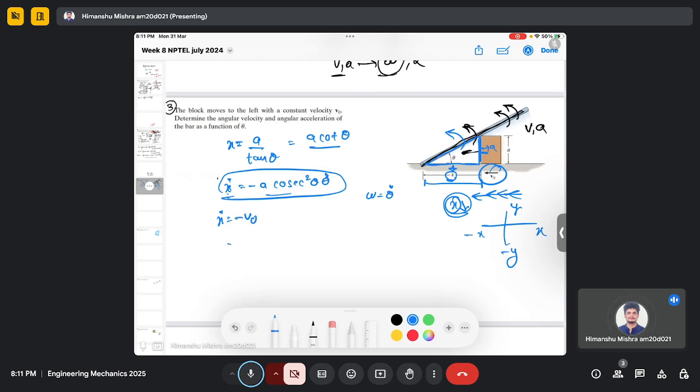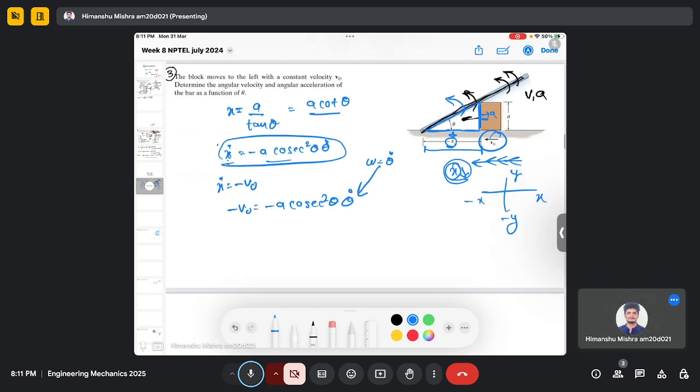So minus v naught equals minus a cosec square theta times theta dot, and theta dot I can write as omega. So v naught equals a cosec square theta omega, and my omega will be v naught by a cosec square theta. This will be my angular velocity of the rod.